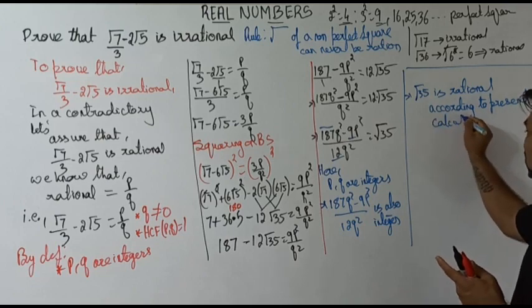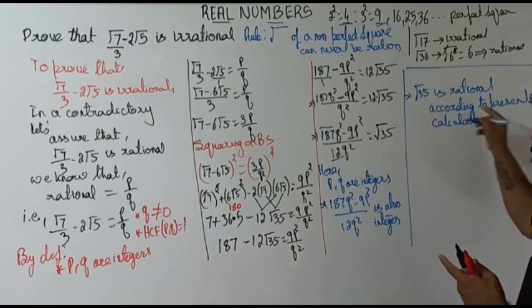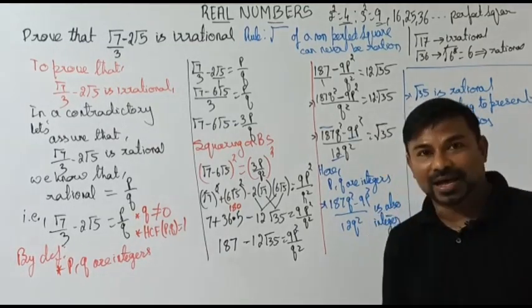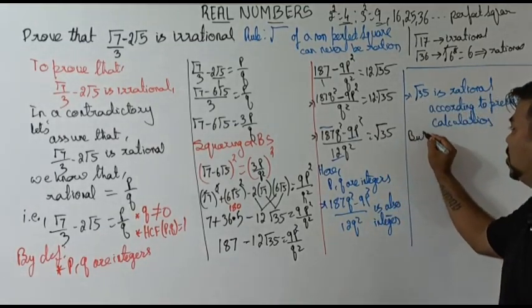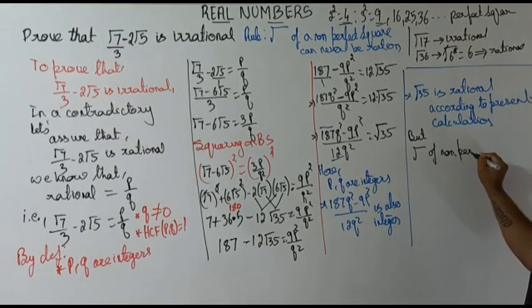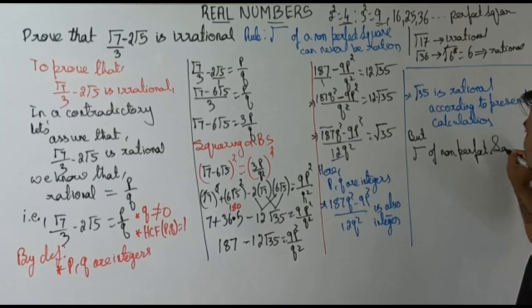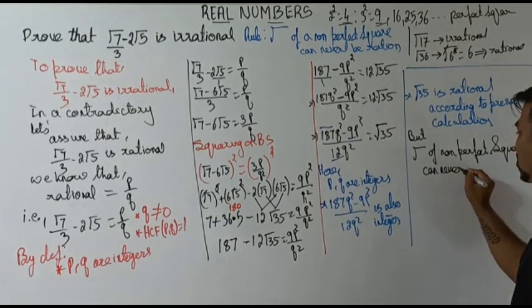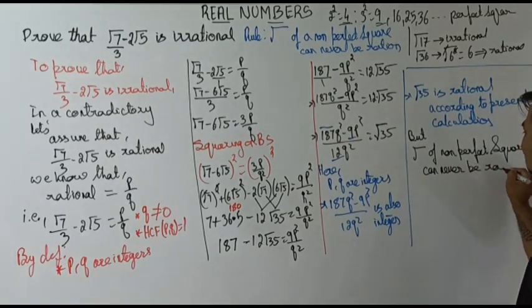According to the present calculation, we are saying that root 35 is rational, but under root of a non-perfect square can never be rational. This is the rule.